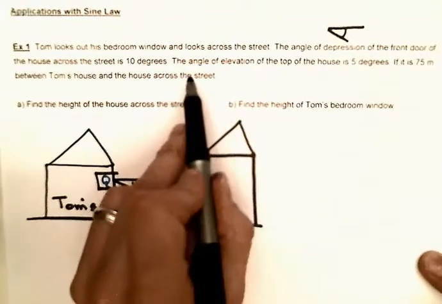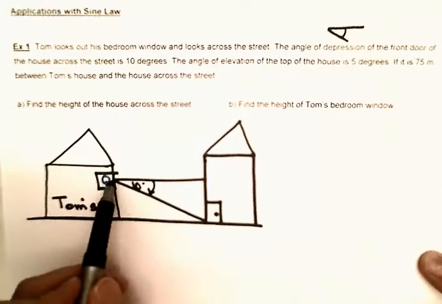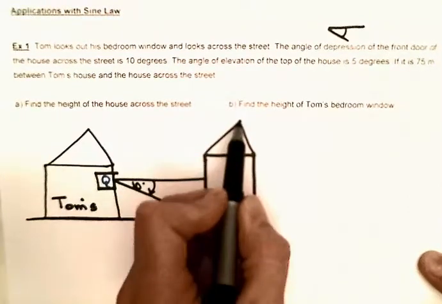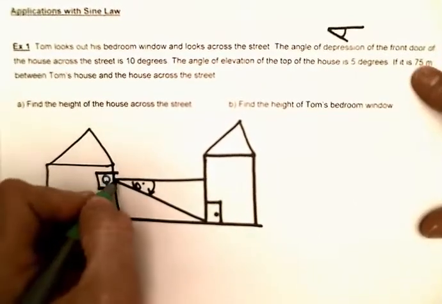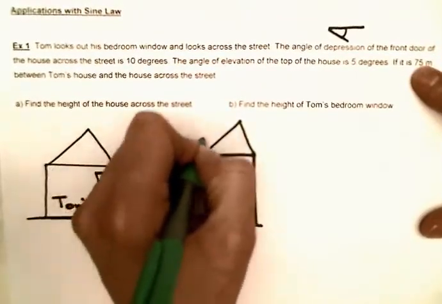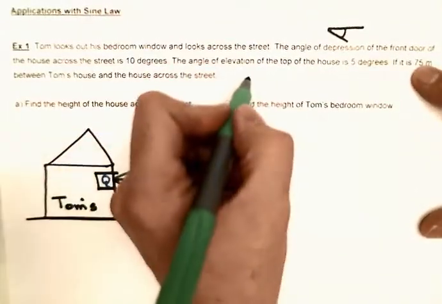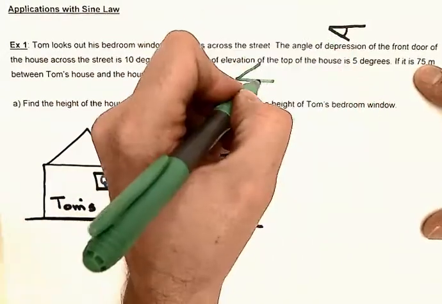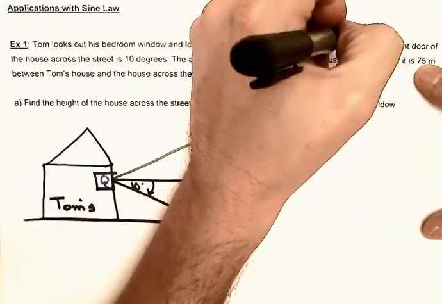Then the angle of elevation of the top of the house is 5 degrees. So again, there's his line of sight, and he looks up at the top of the house, and he sees the roof, and that's 5 degrees. And an angle of elevation is where you would look up. A while ago for depression we look down.